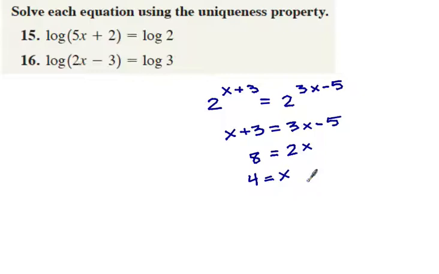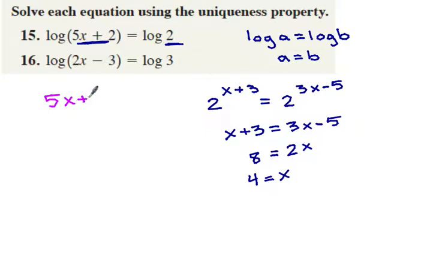Well, the same thing is going to happen with logarithms. If you have a log with the same base on both sides, you're going to be able to say that the stuff inside has to be equal to each other. Okay? So more generically, if you had something like log A equals log B, the uniqueness property is telling us that A has to equal B. So in this particular example of 15, we would be able to say that 5x plus 2 equals 2.